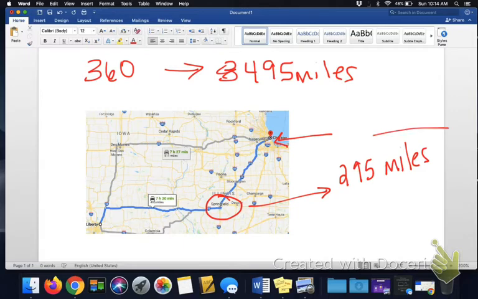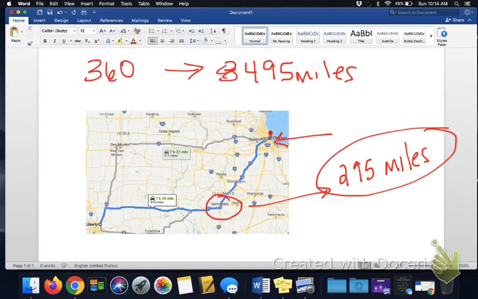So if I go 295 miles, that's pretty good, honestly. We probably could stop there, stretch, get gas. Maybe you want to stop and get something to eat at this point.